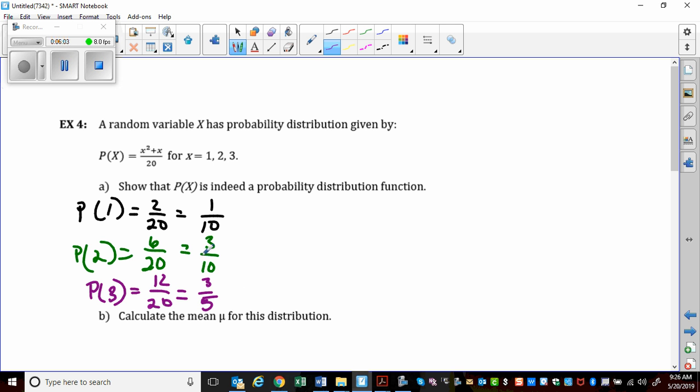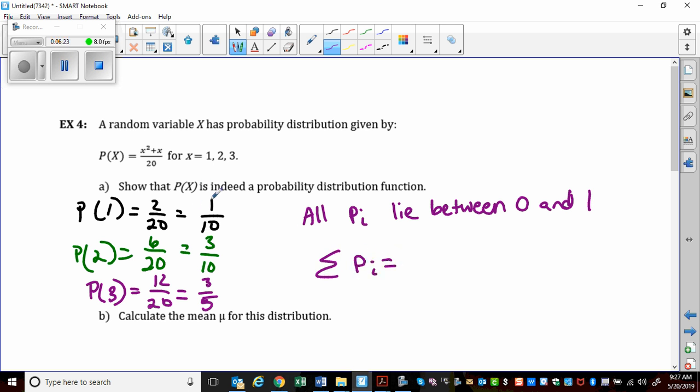So all of the probabilities, all the p sub i's, lie between 0 and 1. The summation of p sub i is 1 over 10 plus 3 over 10 plus 6 over 10, which is 1. Great. So this is indeed a probability distribution function.